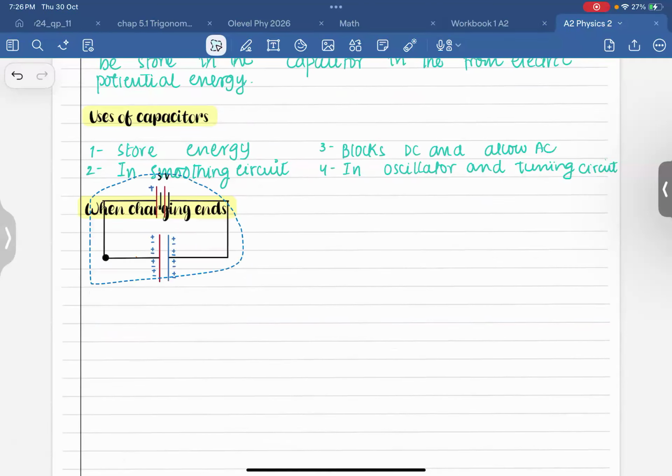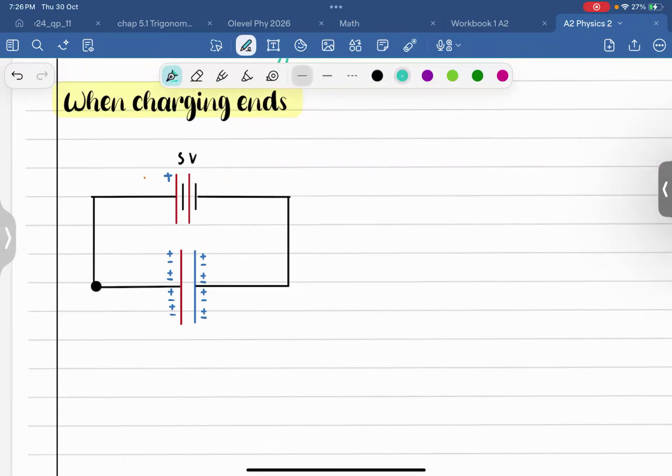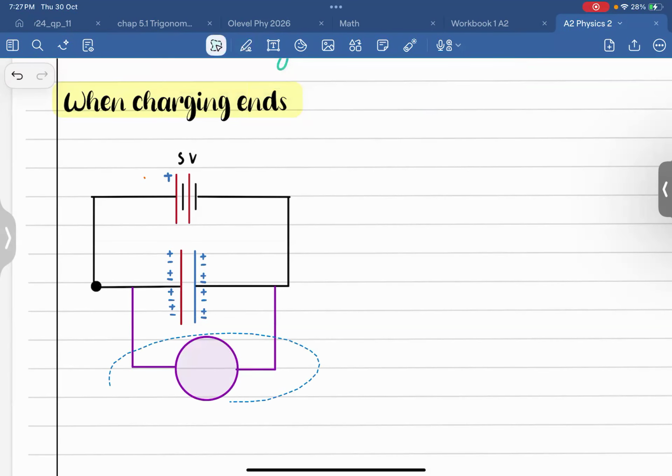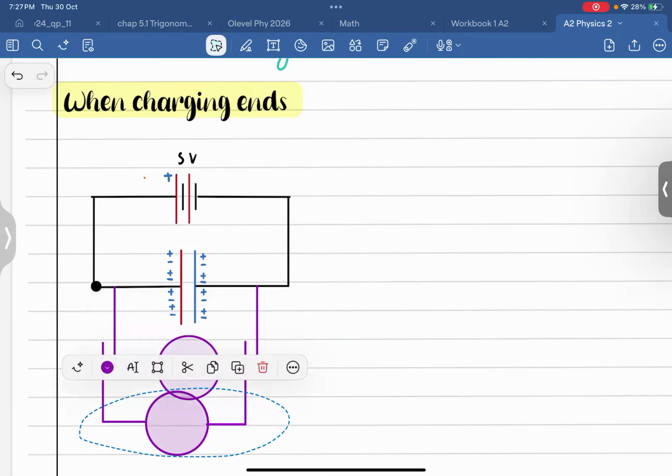Imagine I have a capacitor right here, and I am connecting it with a voltmeter. So this is a voltmeter, right? Now I have another voltmeter.